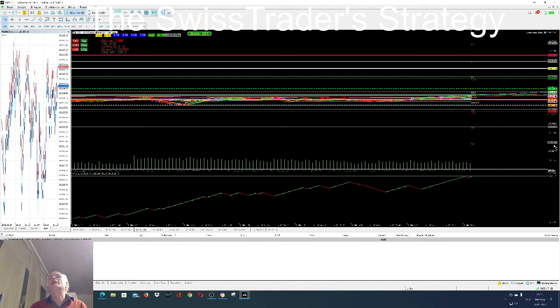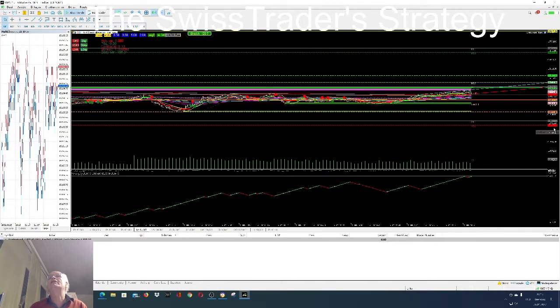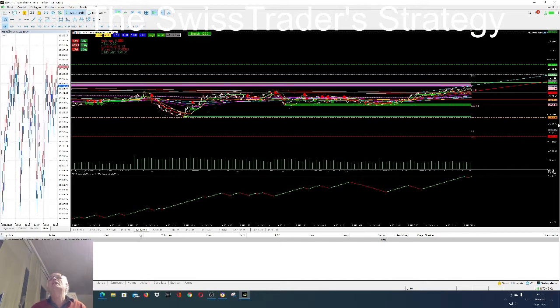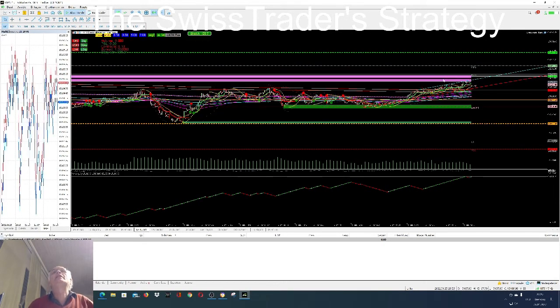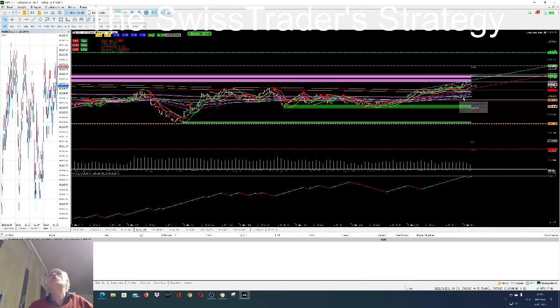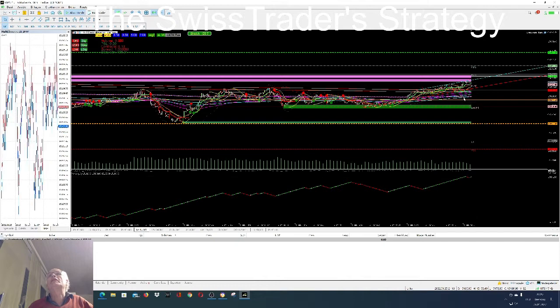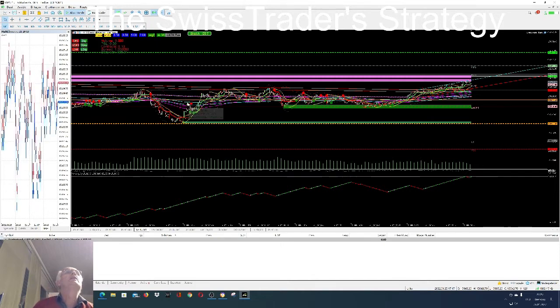Yes, and furthermore we have some moving averages which are important. Here is the EMA 200 with this turquoise colored line.